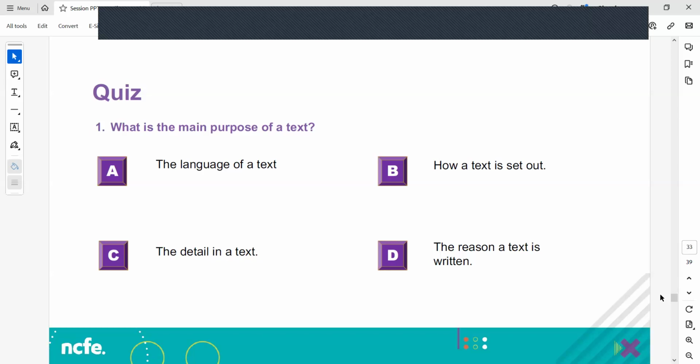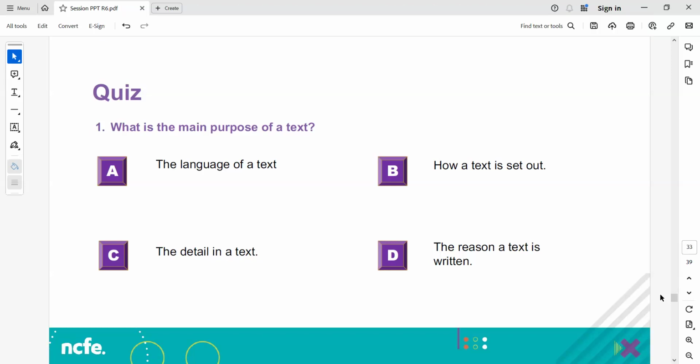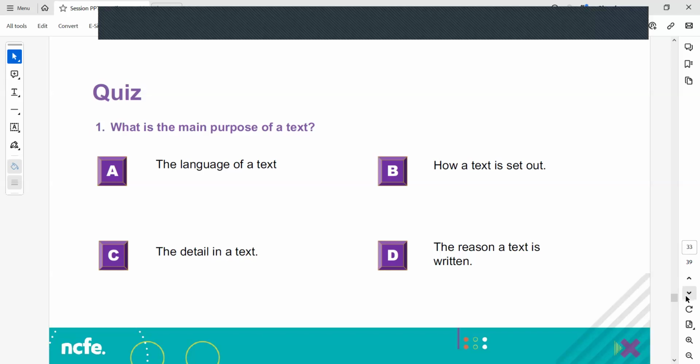The language of a text is how it is presented, how it's written, but what's its main purpose? The reason of the text. Yeah, it's the why. So the main purpose is to inform, to entertain, to persuade, to explain.